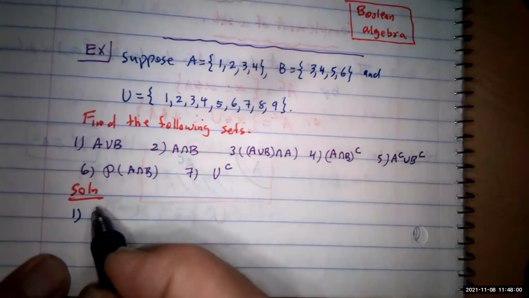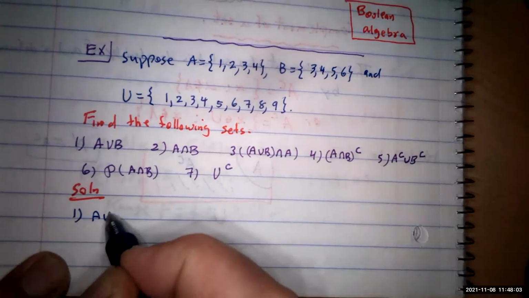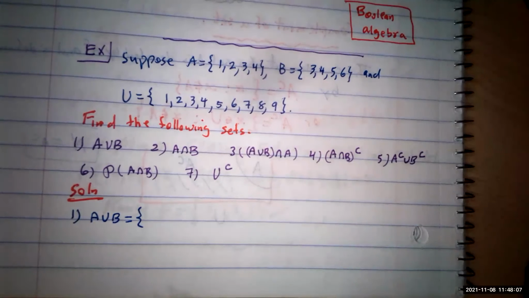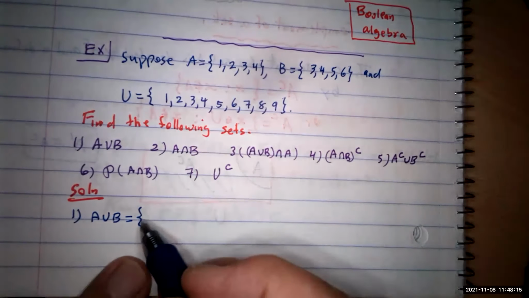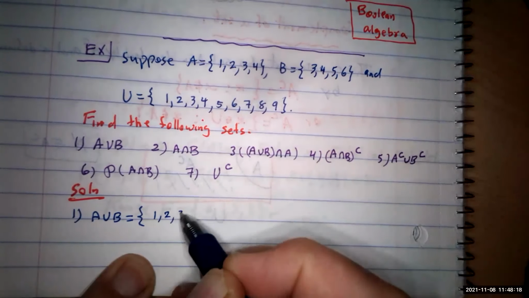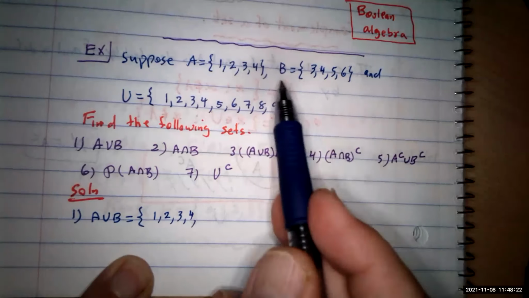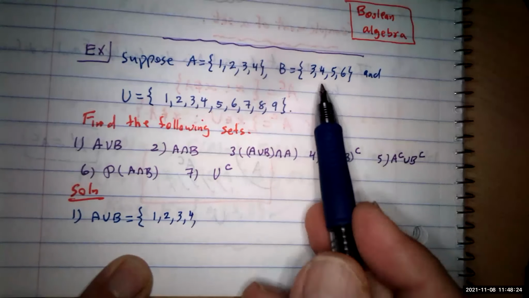The first one, A union B. Remember, A union B means all the members of the A and the B. You start with all the members of the A, and then you add the members of the B. If anything is repeated, you are not going to repeat it. You see the members of the A are 1, 2, 3, 4. Then with the B, if anything is new, you add it.